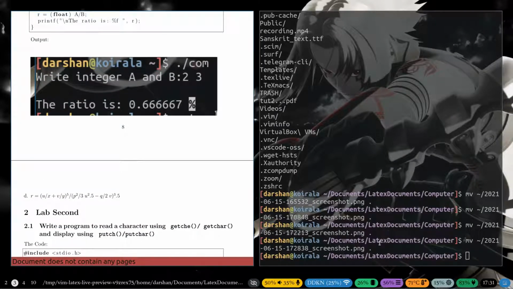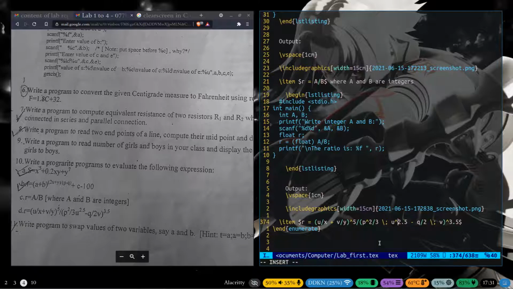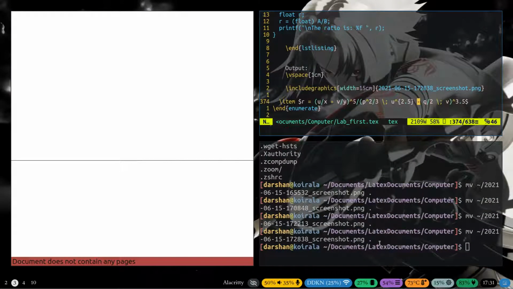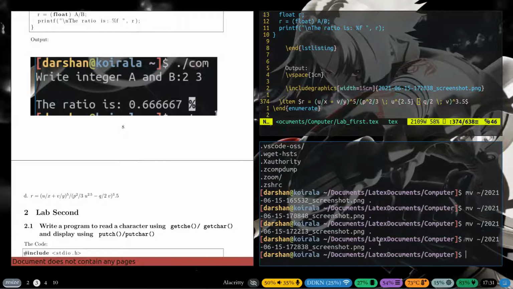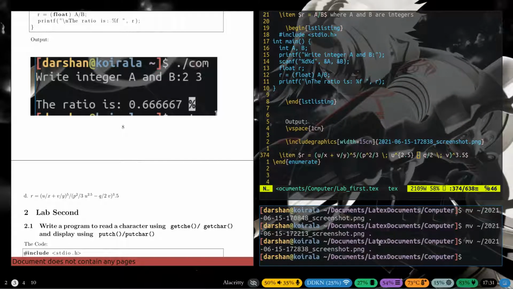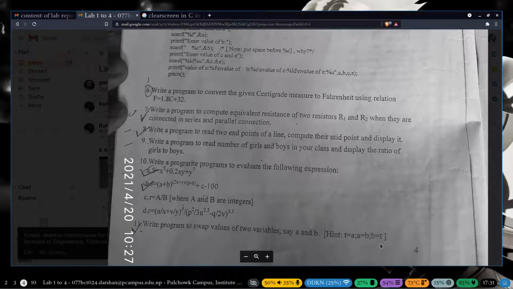U by x, v by 5 square by e to the power of p squared by 3 u to the power of 2 by 5 minus, what the heck, this is, man. I've just written it so, oh man. This is really a pain to do. Let me do the 11 number first. It is going to be easy.